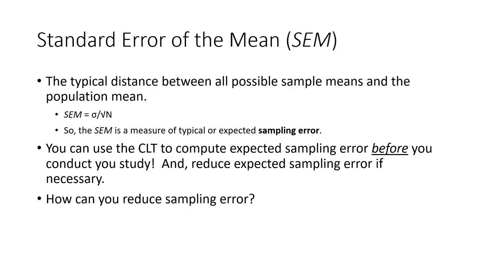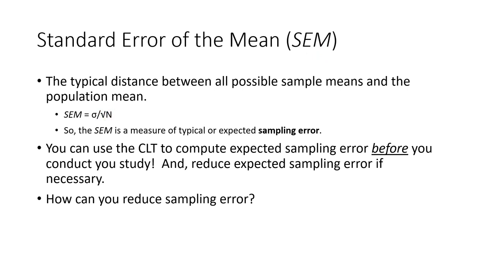So the standard error of the mean, which is going to be summarized as SEM throughout the chapter and the whole book, is the typical distance between all possible sample means and the population mean. It's a measurement of expected sampling error. It follows this equation.